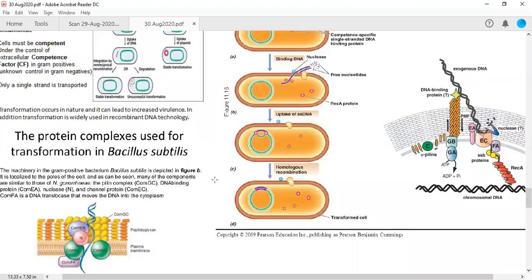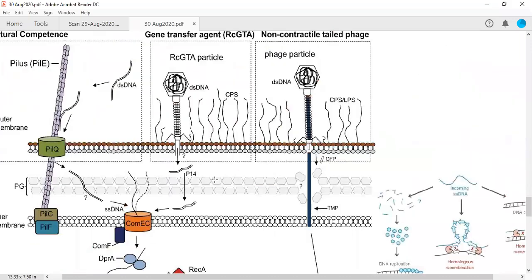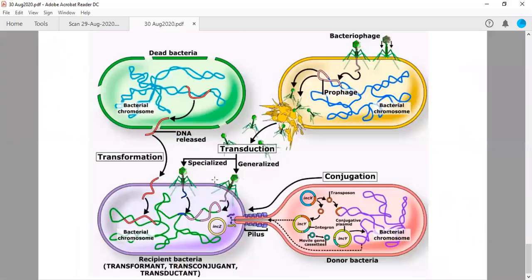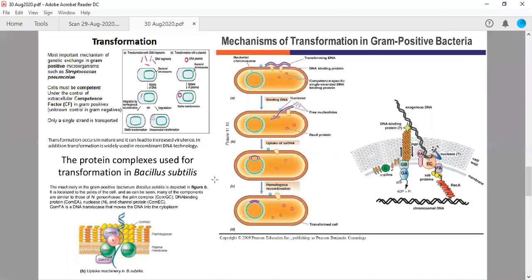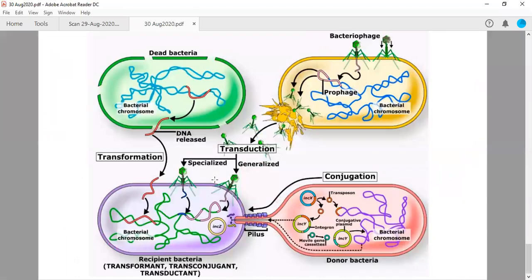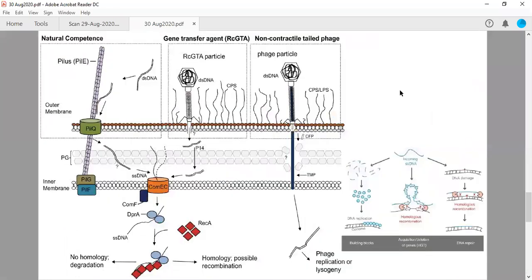Whereas in gram-negative bacteria, there is a different story. So this is a gram-negative bacterium, for example. A gram-negative bacterium has an outer membrane, a peptidoglycan cell wall, and an inner membrane. These are clearly depicted in this particular diagram. This is the outer membrane, which is the lipopolysaccharide layer.